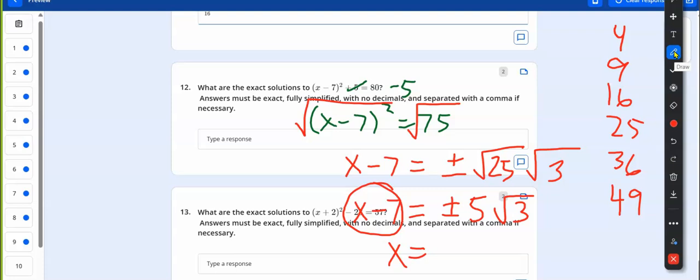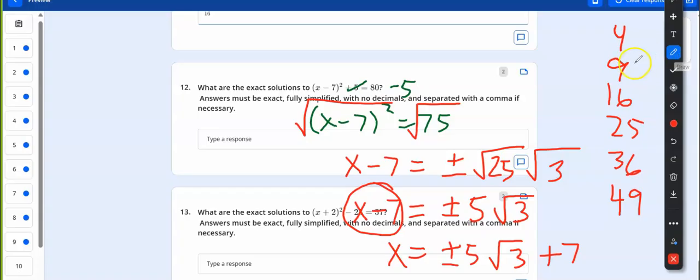Add 7 to 5. Yes. So plus or minus 5 square root 3, and then plus 7.